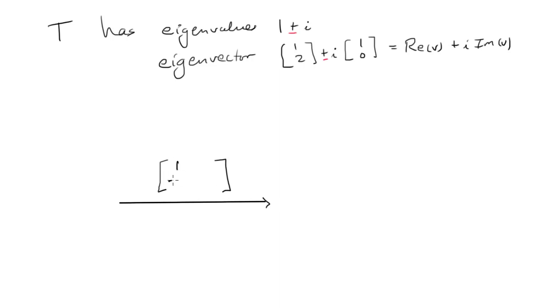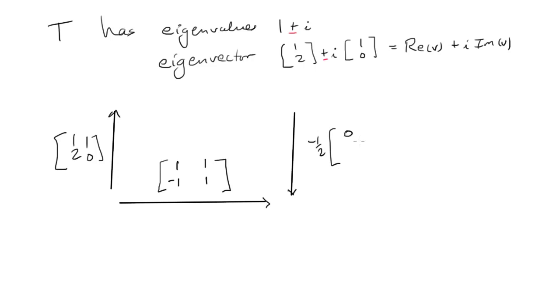Alpha, minus beta, beta, alpha, they're both 1s. Change of basis matrix, and compute the inverse. 1 over the determinant, flip the major, minus the minor. And we'll find what T is.